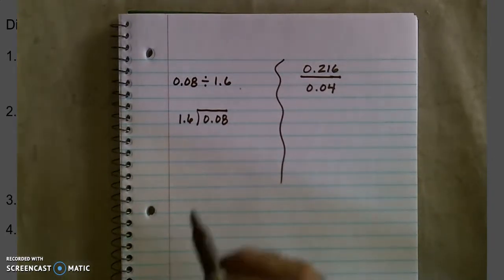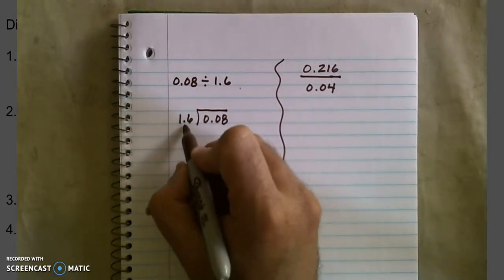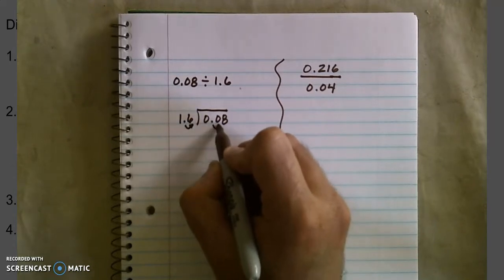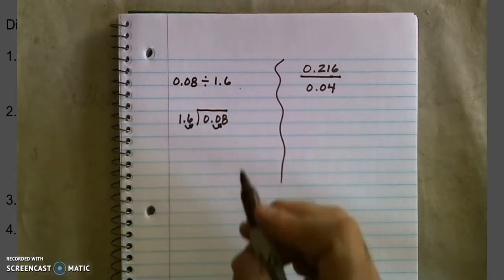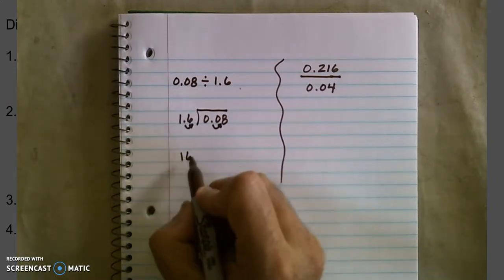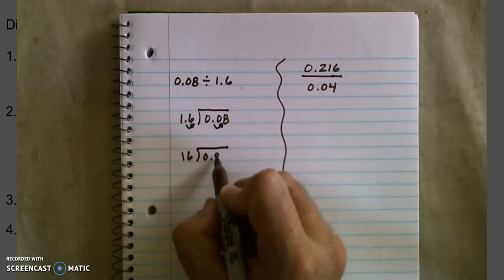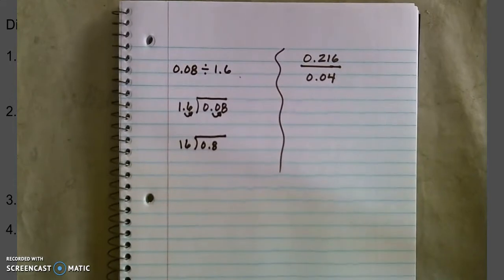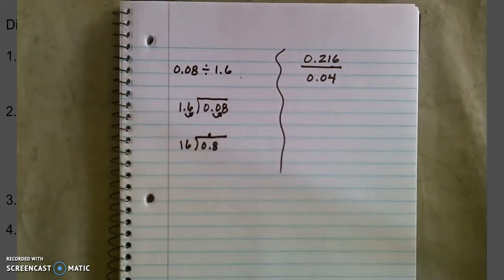Now, if we notice, we have a decimal in our divisor that we don't want, so we're going to have to move it 1 time. If we move that one once, we move this one once. And then we're going to rewrite the problem with our decimal in the correct position. Now we bring our decimal point straight up in our dividend, and we're going to start our division.